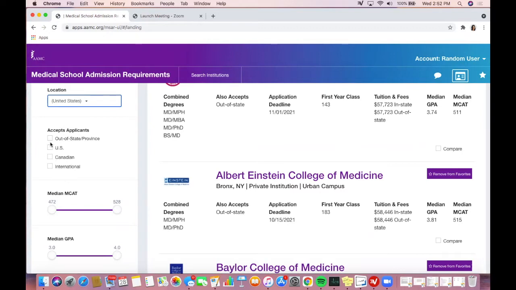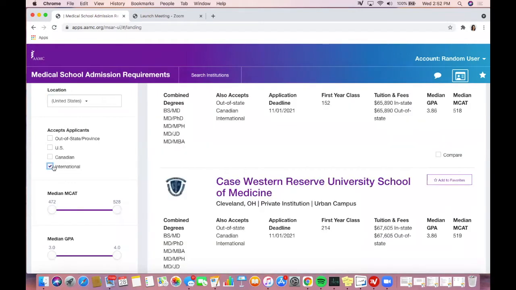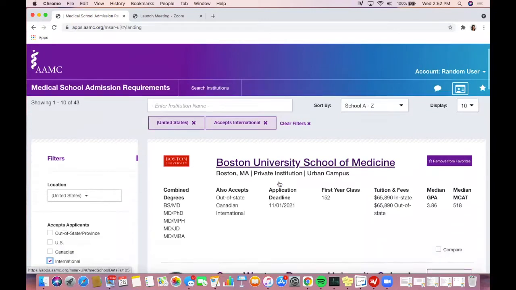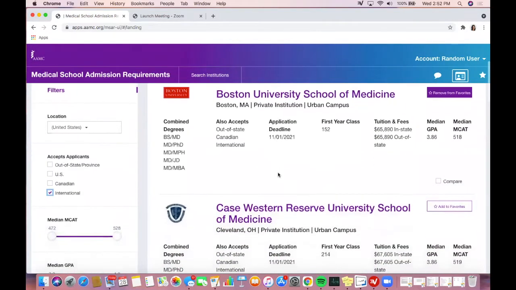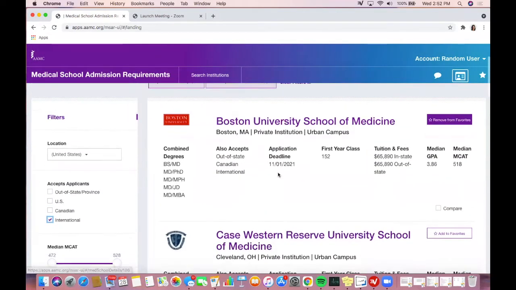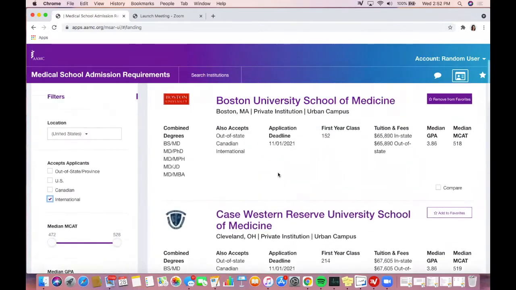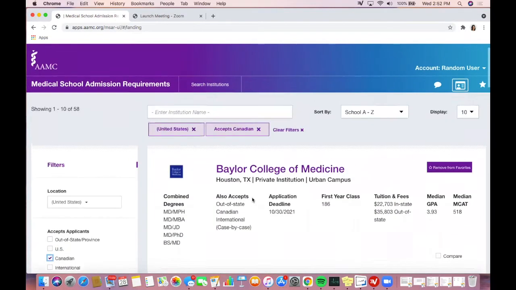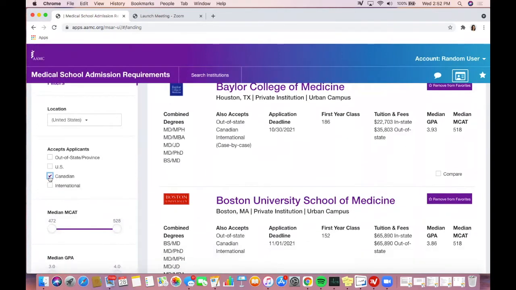For example, if we click on which schools accept international applicants, you'll see that our top school that was here before is no longer listed, right? Because Albany does not accept international applicants. This is a great way to filter through which schools accept which types of applicants.